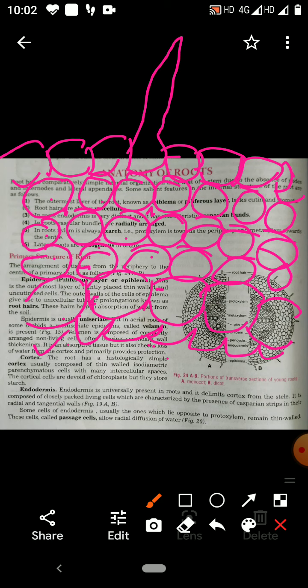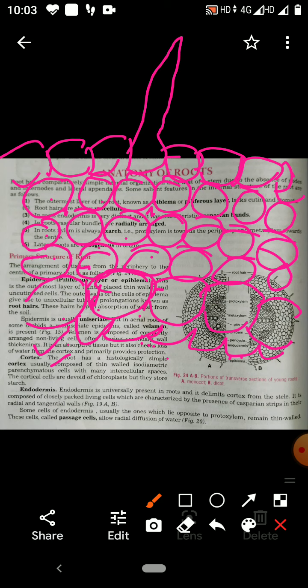Endodermis is the last layer of the cortex, but the pericycle is the outer boundary of the primary vascular bundle. After that, we get the vascular system. In the vascular system are xylem and phloem.